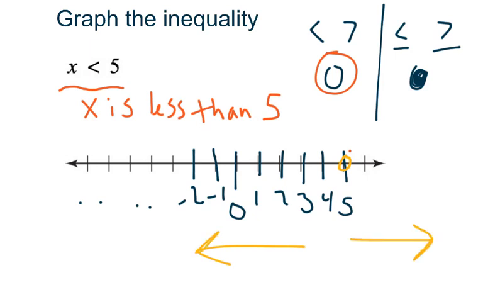Well, we know that this is getting bigger and this is getting smaller. So less than has to be in this direction to the left. So I'm going to fill in this number line to the left to show that x is less than 5. So we started here at 5 with an open dot, and then we graphed to the left.